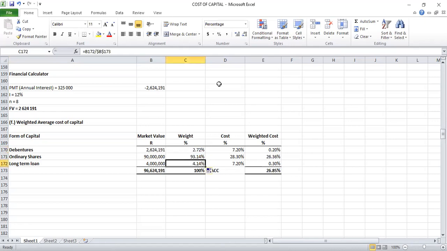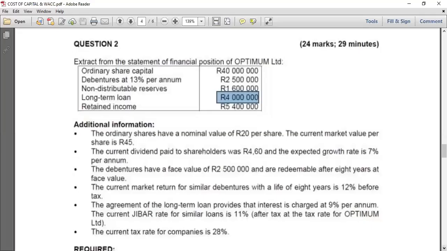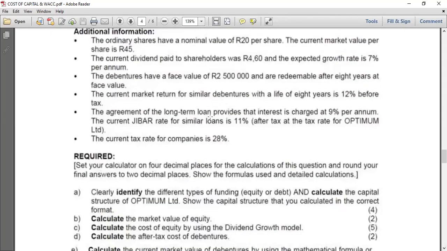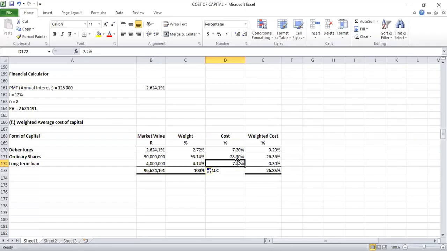Okay, the cost of the long-term loan. We are told that the cost for similar loans is 11% after tax. So it's 11%, so they have 11 here.